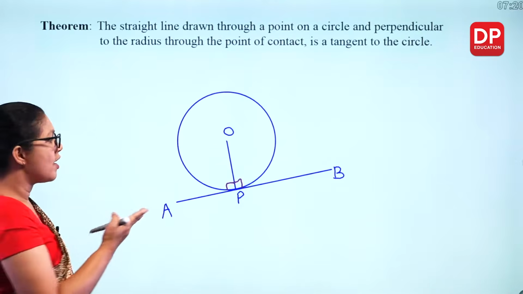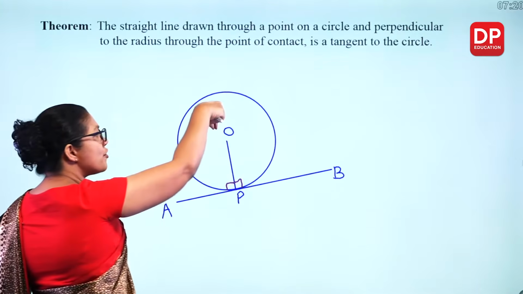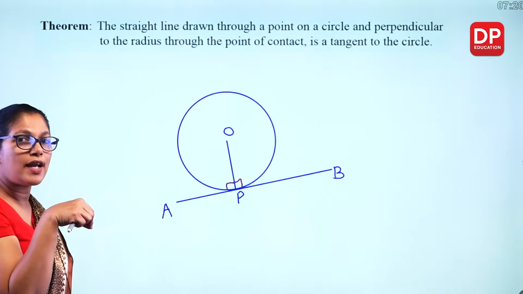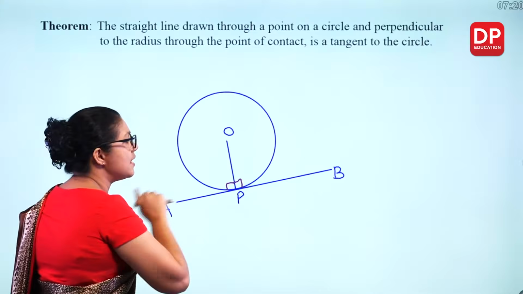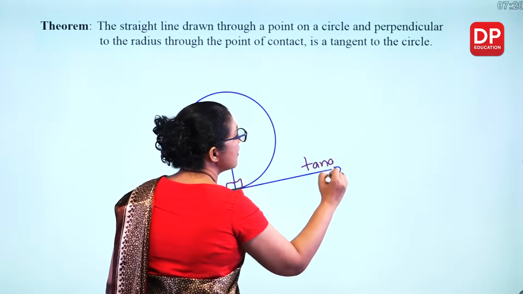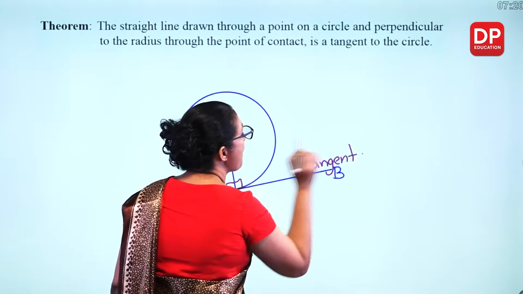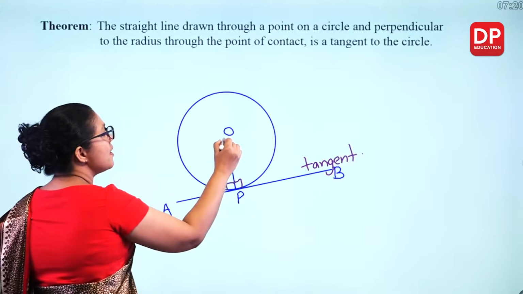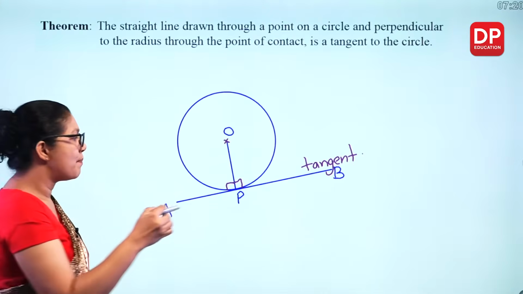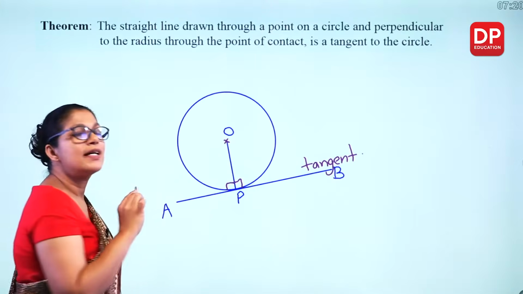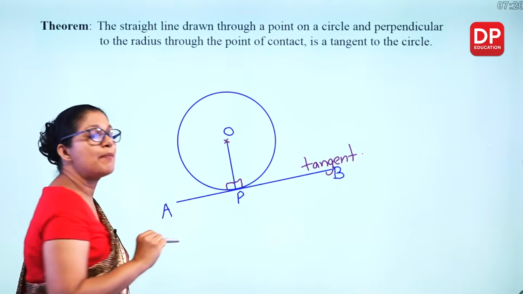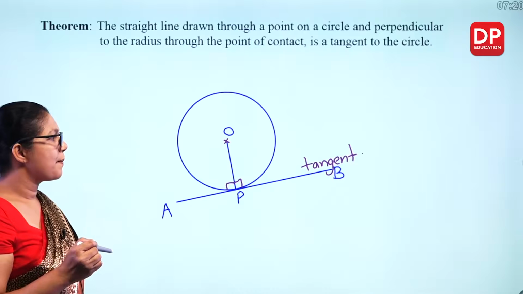So when you draw any line, and if you are drawing a perpendicular from the center to that point, it becomes the tangent line. So remember, this is the radius, but you have to connect the point of contact with the center. Then that line and this line become perpendicular.